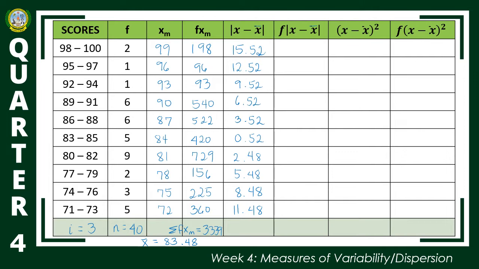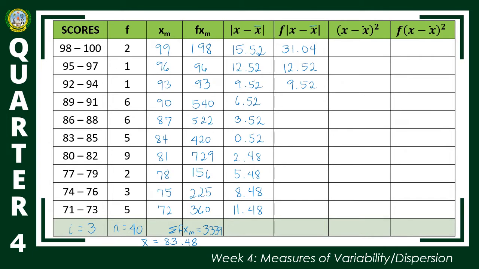So, imumultiply natin bawat isa. 2 times 15.52 is 31.04. Next, 1 times 12.52 is 12.52 pa din, kasi times 1. And then 1 times 9.52 is also yun pa din, 9.52.